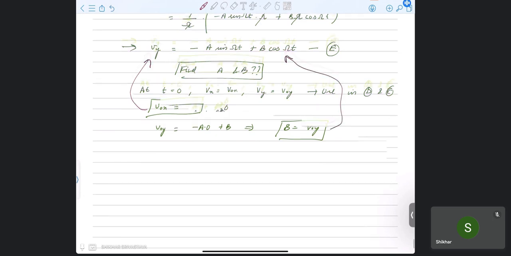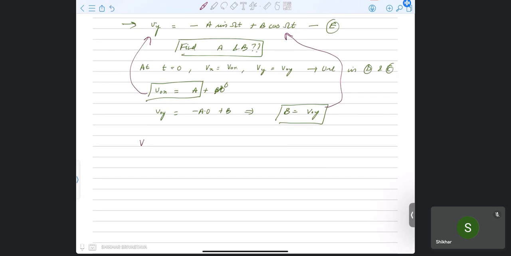So what we'll get is Vx is V naught x cos of omega t plus V naught y sine of omega t. In the x direction, the velocity will be this. In the y direction, the velocity will be minus V naught x sine of omega t plus V naught y cos of omega t.